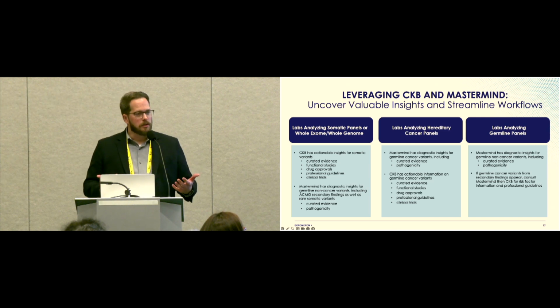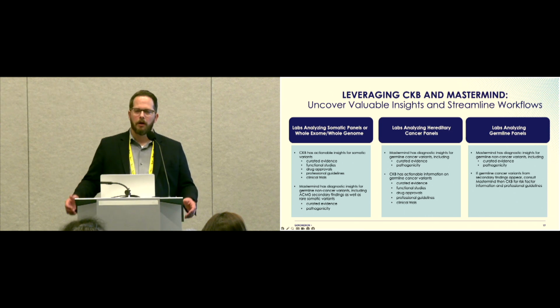Mastermind can be used as a follow-up. It has ancillary data that can help clarify some of that information, get you to the primary source of that information to allow you to go deeper, as well as to focus on uncovering some of those more rare, more obscure variants. In contrast, labs that are focused on hereditary cancer panels may first go to Mastermind, where, again, the focus has been on curating constitutional content, including hereditary cancer genes, some of which are part of the ACMG secondary findings that you may be familiar with.